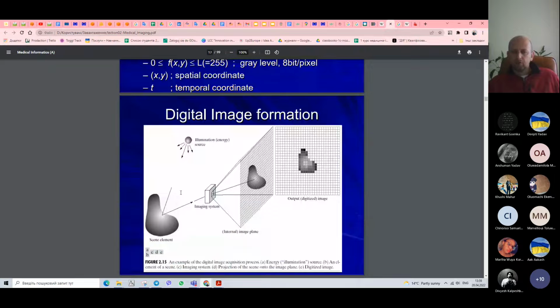Digital image information. Initially you have some tissue or organs, and as a result you get a digital image.